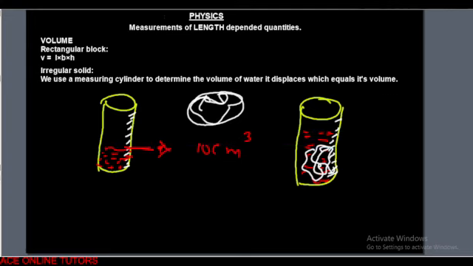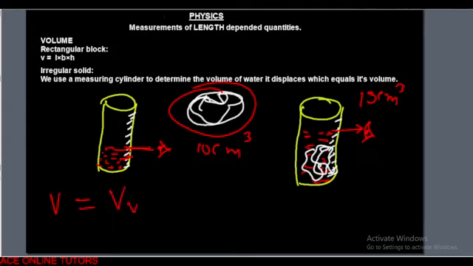So we are going to read the new value. We look at it again and take the new value. Maybe the new value is 15 cm cube. Now what will be the volume of the object? The volume of our object will be the final volume minus the initial volume.